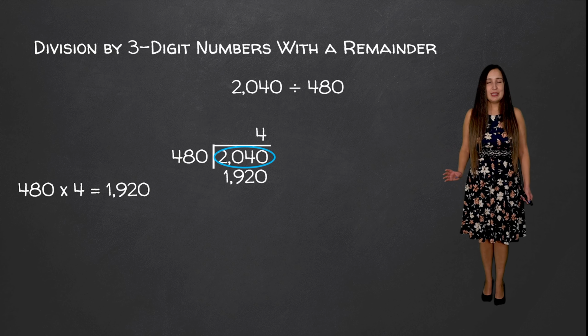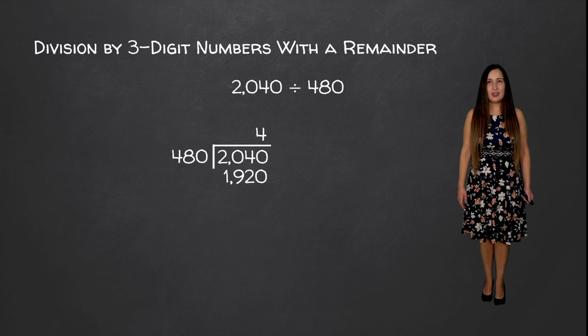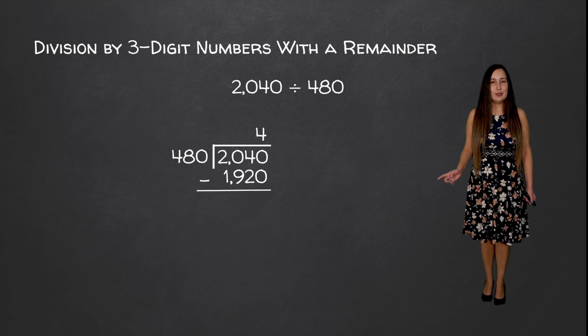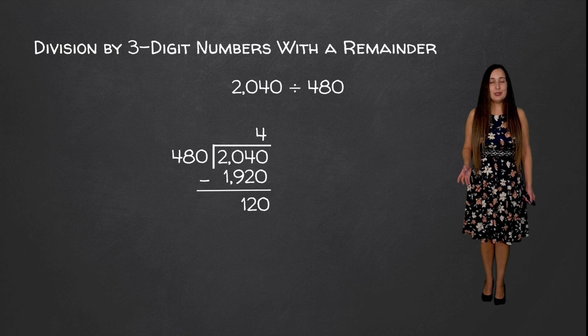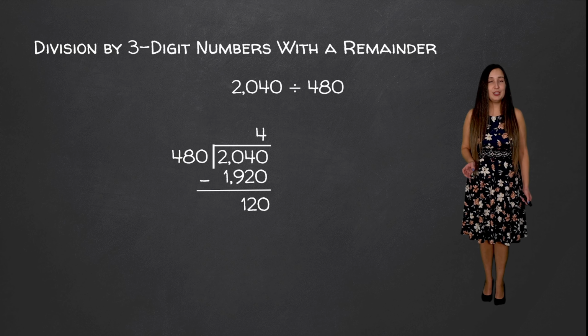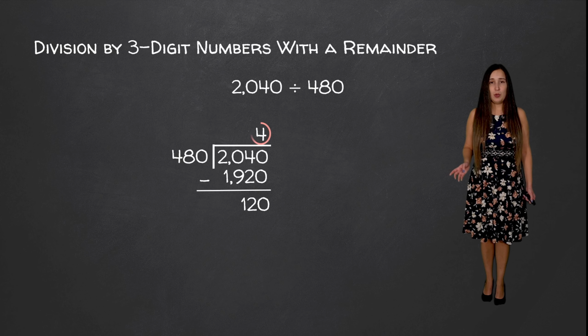So we're going to take our two values and we are going to subtract them to see what our remainder is. And 2040 minus 1,920 is equal to 120. So we know that 480 goes into 2040 4 whole times.